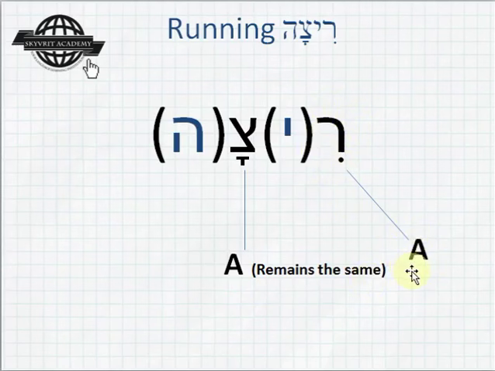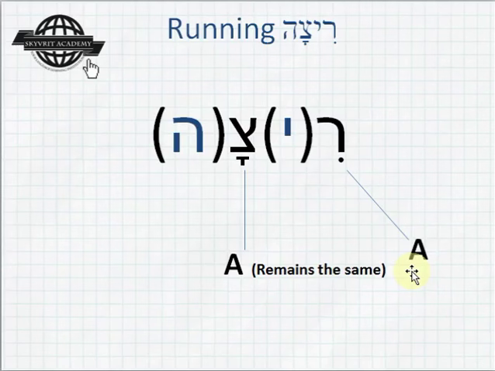For example, let's say you see this noun, ritza, and you know that it means running. And you want to say he ran. Remember, third person, past tense. He ran. So what do we need to do? What are the steps?